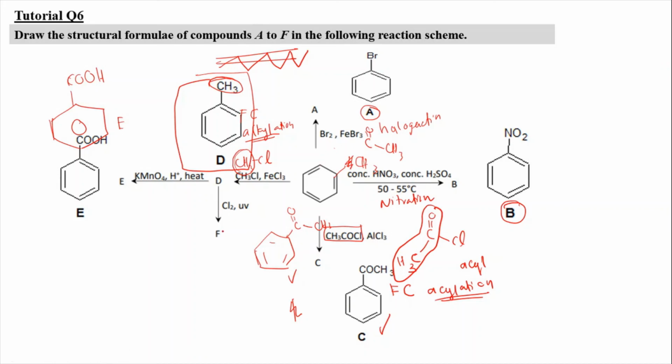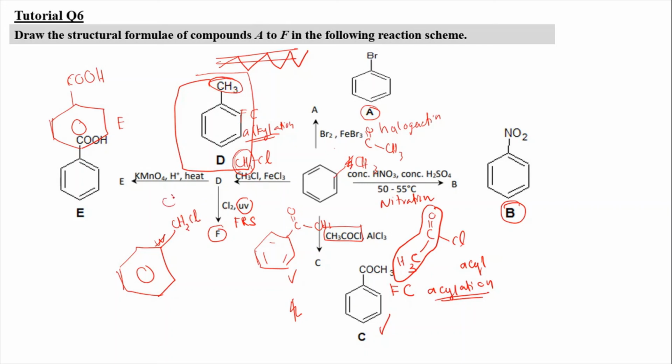now in order to produce F, we have the same structure here, which is the toluene, CH3 and benzene ring. So one of the hydrogen is going to be substituted with the chlorine molecule under UV, and this will undergo free radical substitution. So what you're going to produce is the benzene ring, and then CH2Cl.